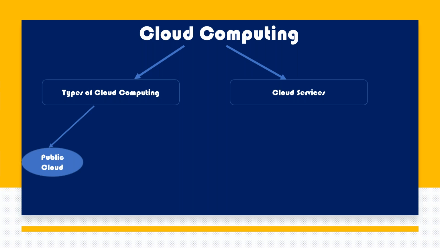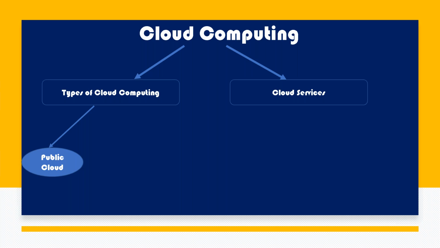Public cloud is one of the types. Sometimes the interviewer asks basic questions, like: tell me the types of cloud computing. We have three types of cloud computing. One is the public cloud. In a public cloud, anyone can get the service from anywhere, like Azure, Amazon's AWS, or Google Cloud.